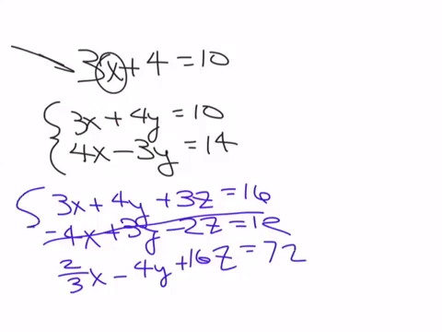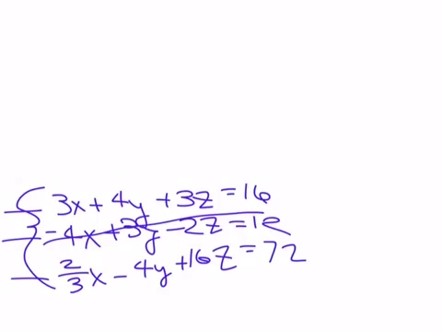I can solve for x, y, and z because I have 1, 2, 3 equations. Three variables, three equations. So that's a good rule to remember: if you don't have as many equations as you do variables, you can't solve it.